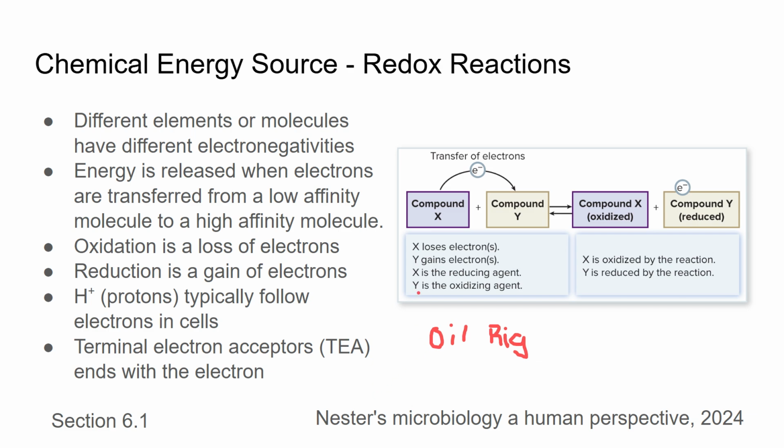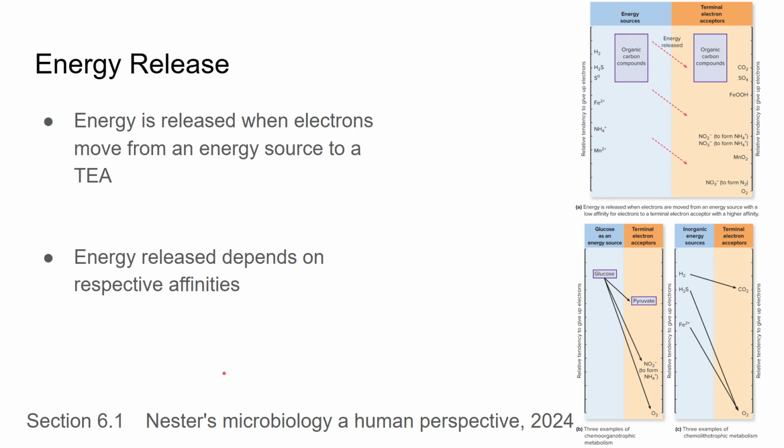And so redox reactions inside of organisms are typically going to have a terminal electron acceptor, or TEA, and that is what ends up with the electron at the very end of a metabolic pathway. Okay, so energy release. Energy is going to be released when an electron is moved from an energy source to a terminal electron acceptor. So let's go ahead and look at this image right here.